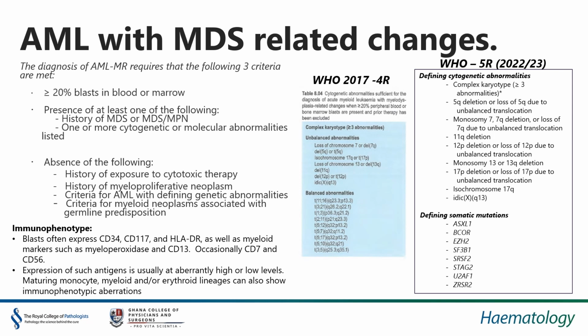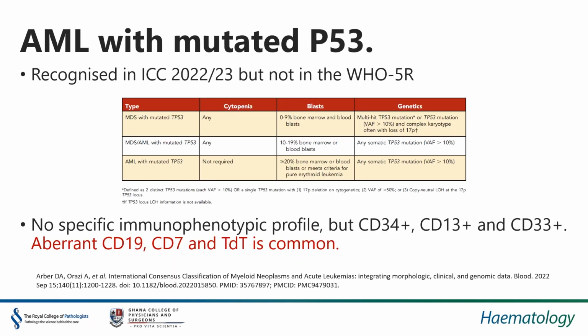Now, AML with mutated P53, like I said, there are two new classifications. We've got the ICC classification, in which AML with mutated P53 is recognized, but it is not recognized in the latest edition of the WHO, which is still in print within Leukemia, awaiting its publication in book form.